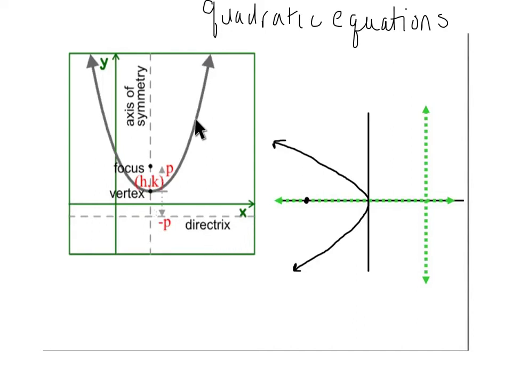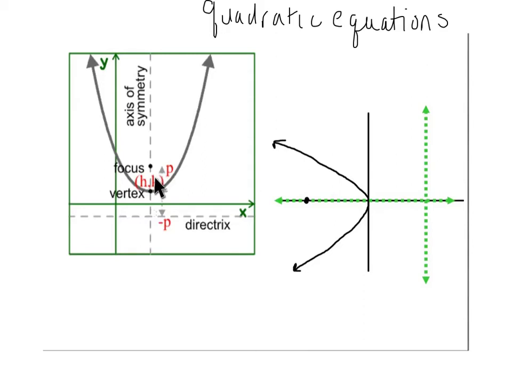So if I picked any point on the parabola and I measured it to the focus and measured that to the directrix, it would be the same distance. And so the infinite number of points along the parabola have that same property.